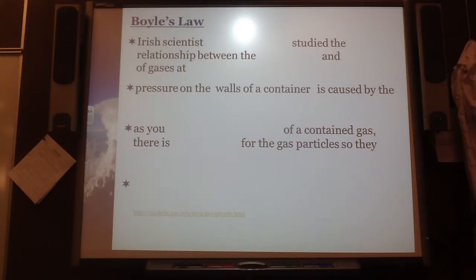If they get put into a smaller container, the pressure will increase. It's different with our pop can because our pop cans stayed the same container, right? We didn't change the container until it crushed, obviously. So he came up with this correlation: if pressure increases, volume will decrease. So our Irish scientist is Robert Boyle.